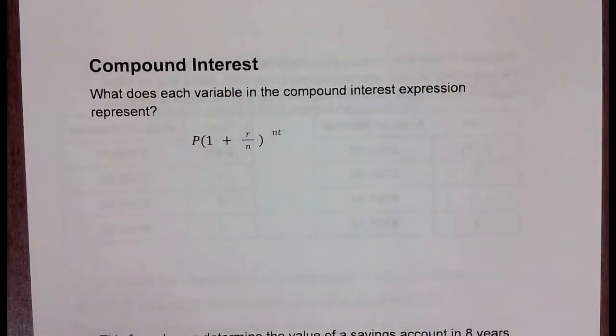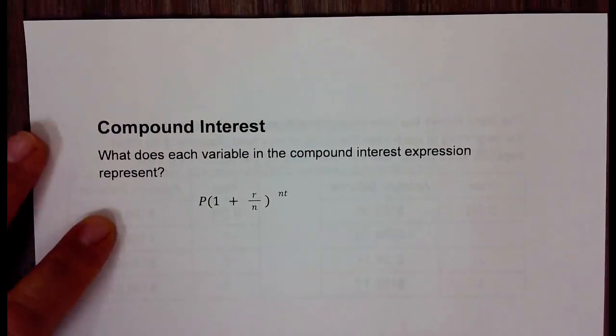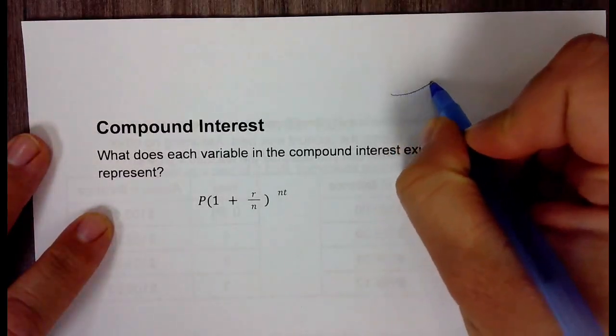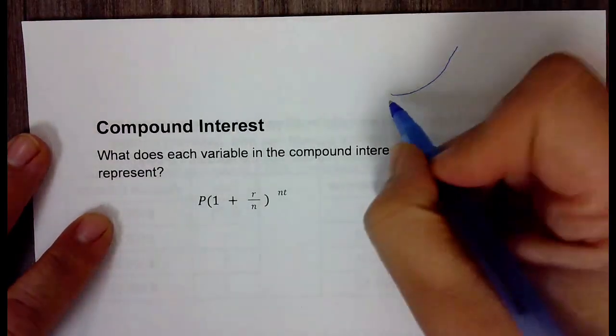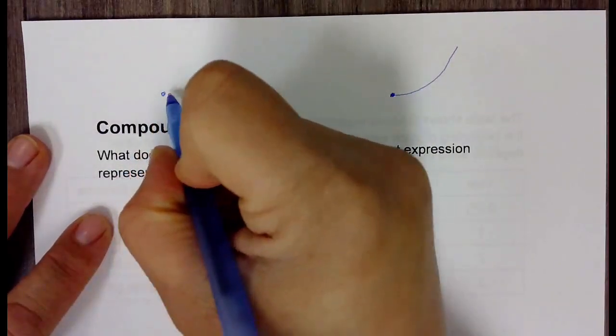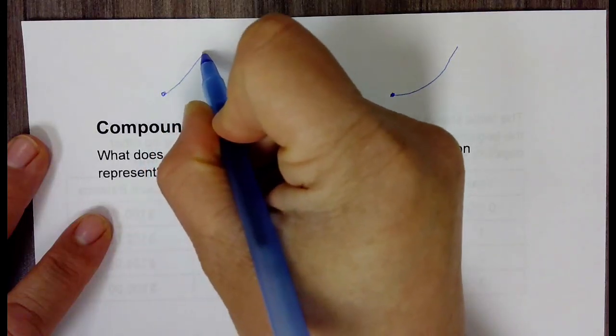Now let's look at compound interest. Compound interest is a specific type of exponential growth. So it is doing this exponential growth curve because the money that you started with isn't earning the same amount every single time.